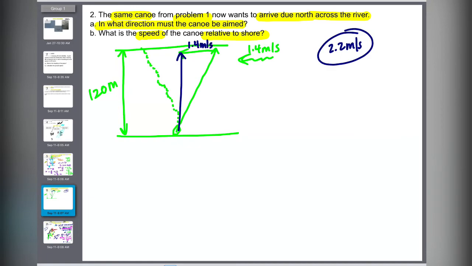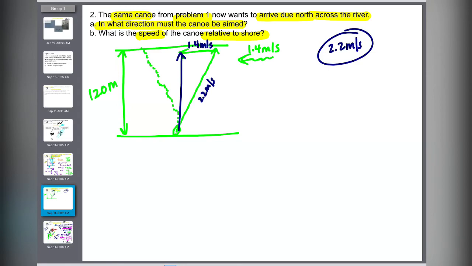In still water, it is going at 2.2. So what do you think, which side of the triangle would the 2.2 have to go if there is no current? Okay, so if there is no 1.4, does it make sense that the 2.2 should go here? Because if there's no current pushing, he will end up not directly north, but somewhere towards the east direction, because that's where you're heading.